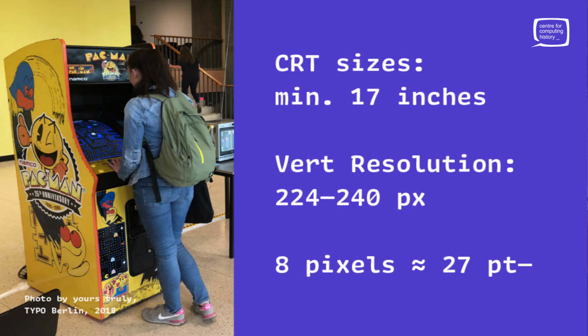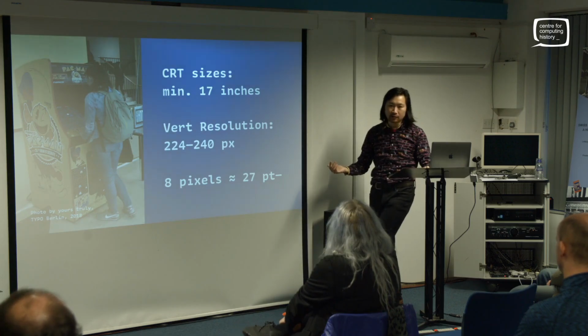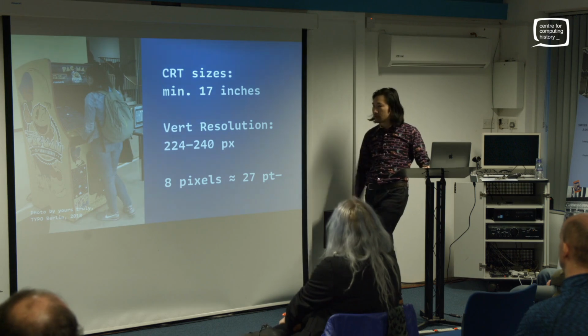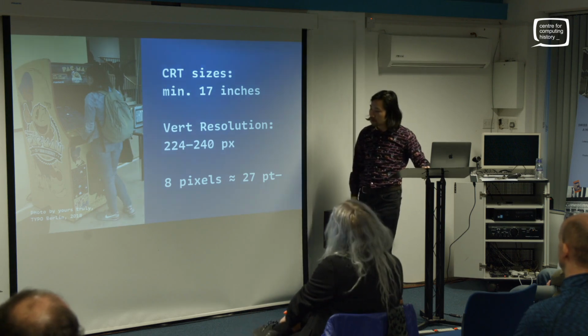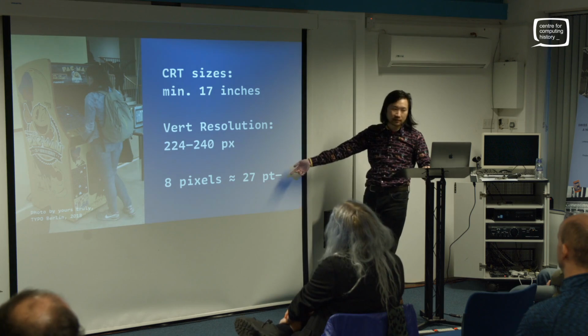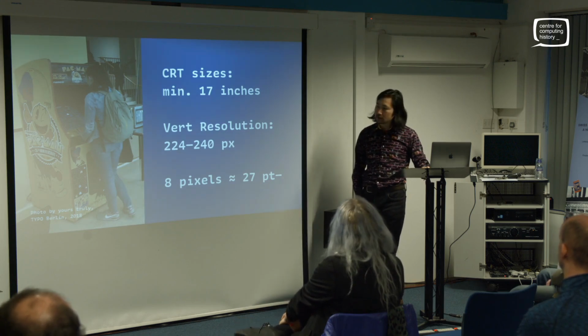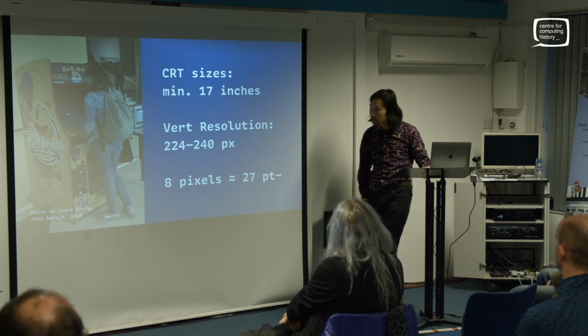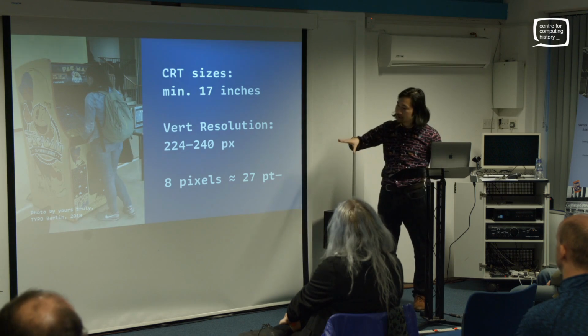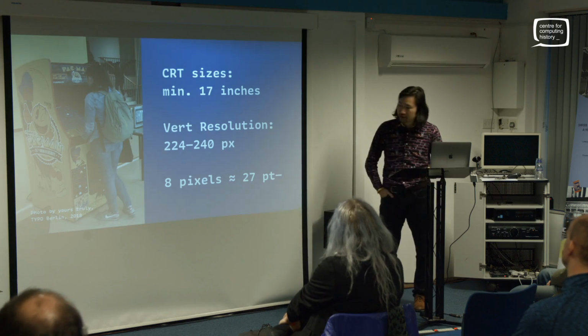And the vertical resolutions remained relatively similar to the mid-90s. So 8 pixel fonts generally stayed above 27 points. That's a really good size, pretty legible size. So there was really, how can I say, guaranteed legibility in 8 by 8 pixels.